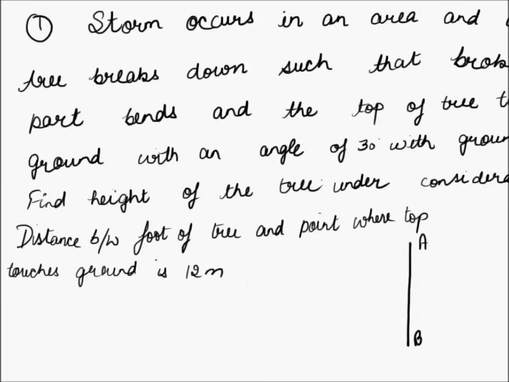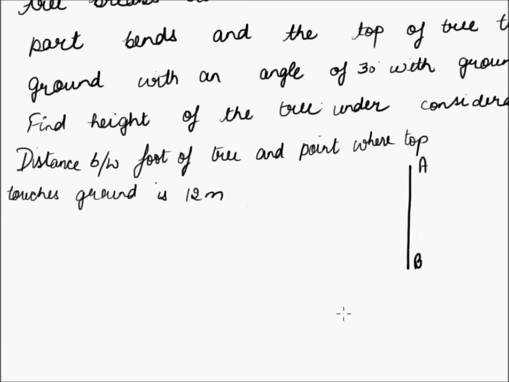Due to the storm, this tree has broken and bent at point P, and the top of the tree B is touching the ground. So the condition becomes like this.